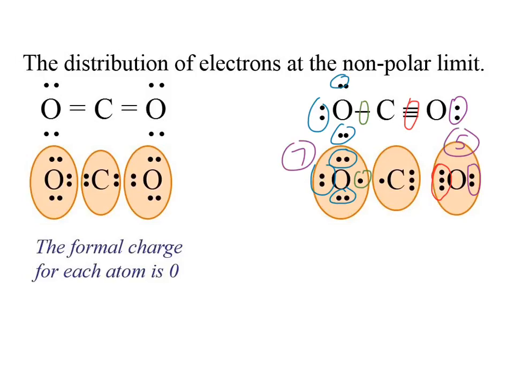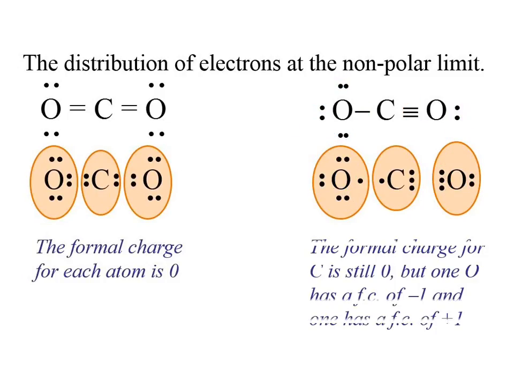So bottom line is oxygen is a 6A element. So we're going to take 6 minus 7 for this one, and 6 minus 5 for this one. So the one on the left, 6 minus 7. 6 is the valence electrons, minus 7 is what it's got here. That made it minus 1. So this guy is minus 1.